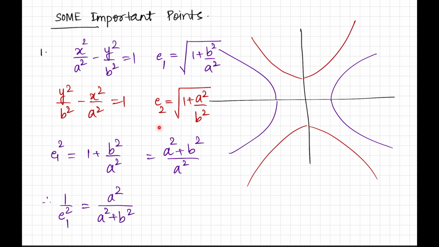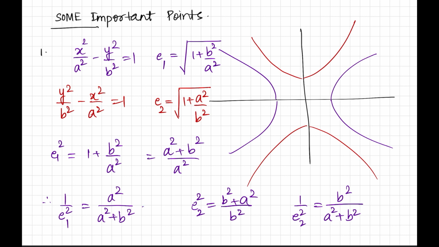Similarly, if we do it for the other equation, we have E2 squared equals b square plus a square by b square, and therefore 1 by E2 square equals b square by a square plus b square. We have these two results.